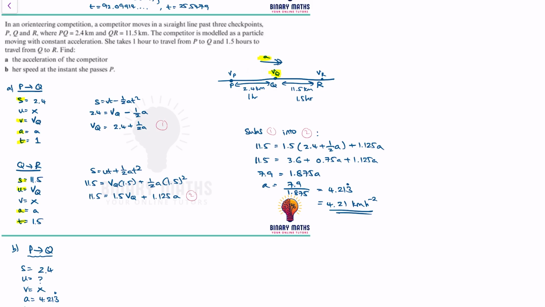So we have S, U, A, and T. S is equal to UT plus half AT squared. So 2.4 is equal to U times 1, which is U, plus half times 4.213 recurring times 1 squared.